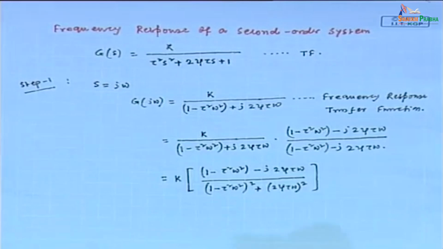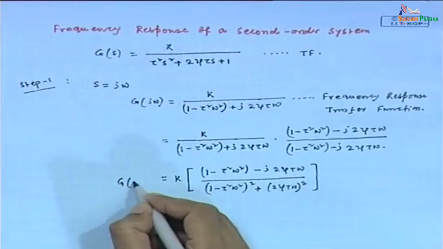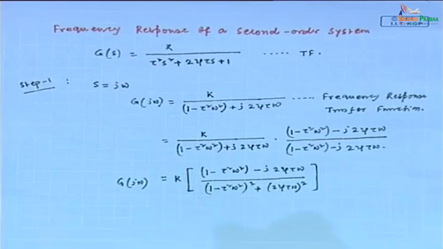So, substituting s equals j omega and rearranging, finally we get this form of frequency response transfer function.